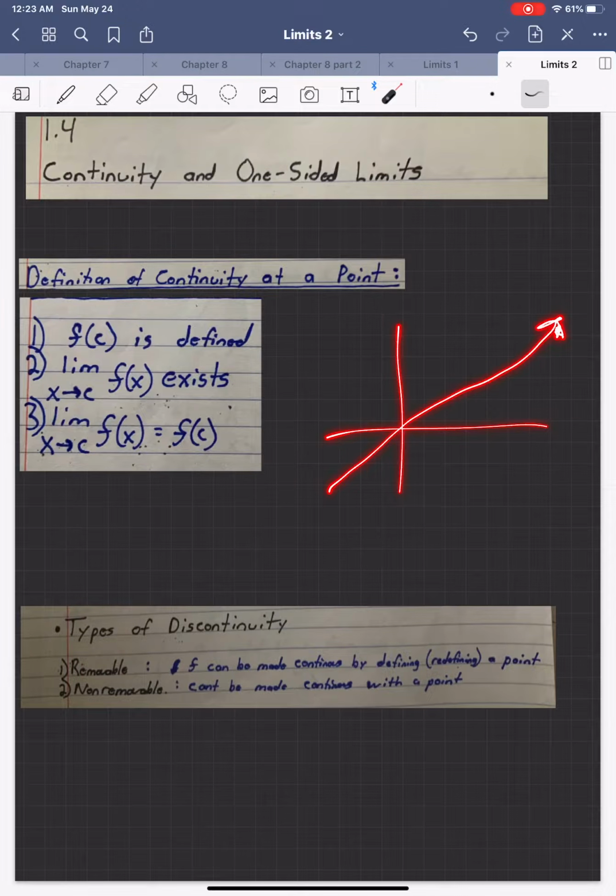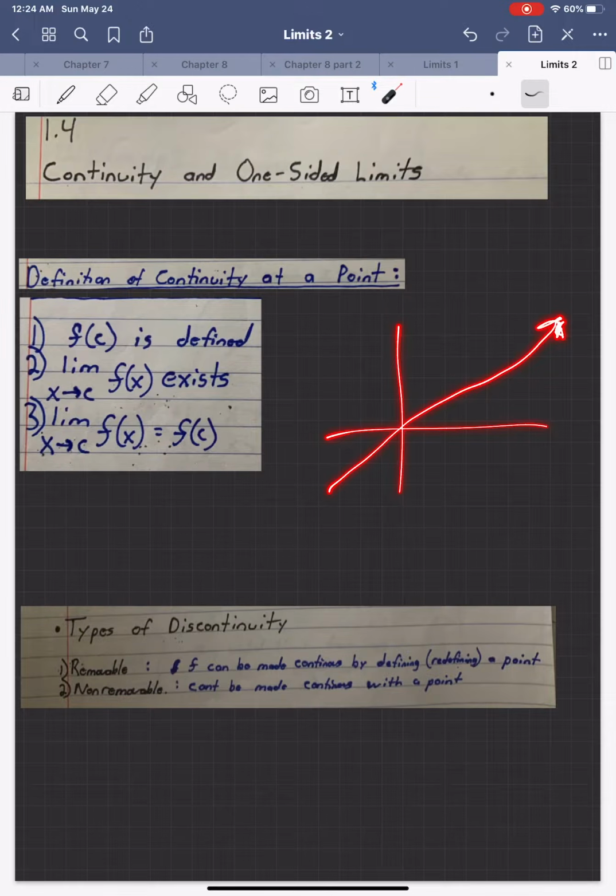As you progressed into middle school and high school, they would have done a little bit better and may have said something to the nature of a graph is continuous if there are no holes, no jumps, something like that.